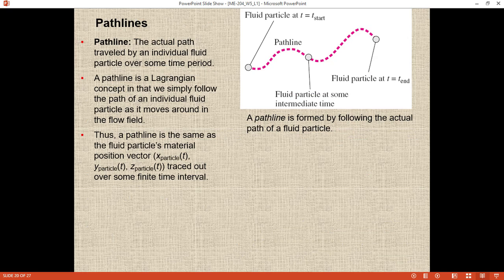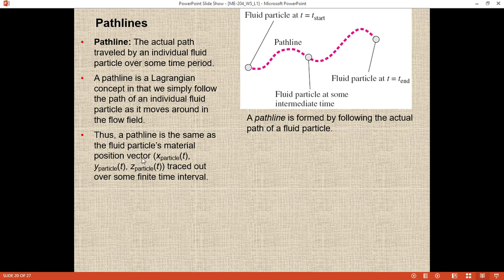So let's move on to the path line. The path line is the actual path traveled by an individual fluid particle over some time period. A path line is a Lagrangian concept in that we simply follow the path of an individual fluid particle as it moves around in the flow. Thus a path line is the same as the fluid particle material position vector.